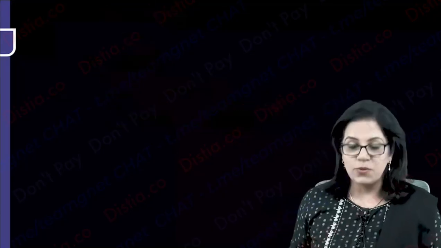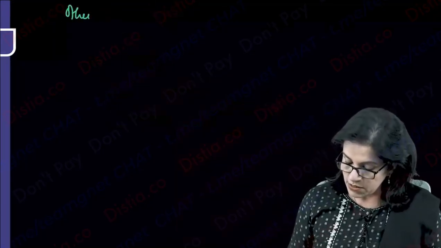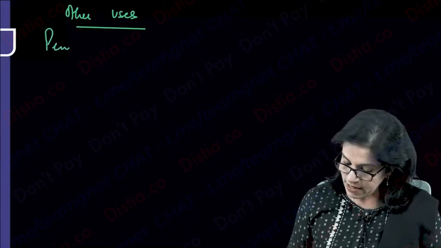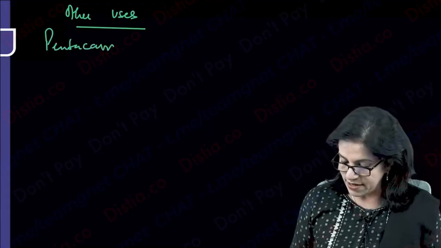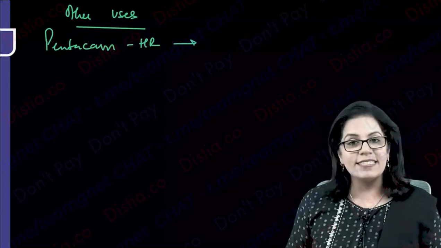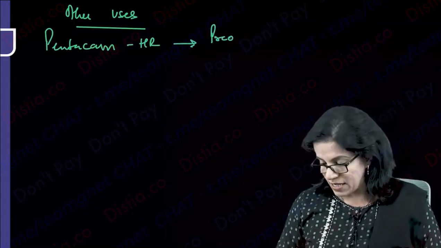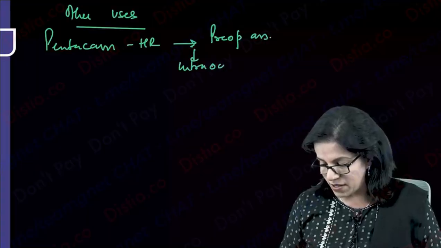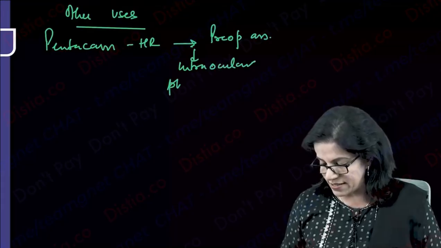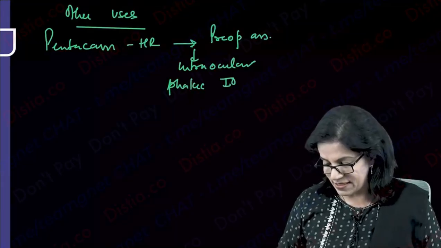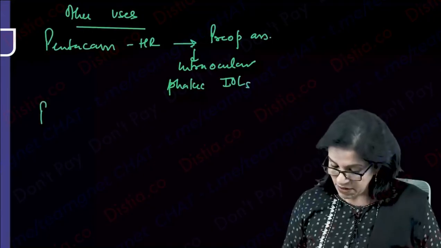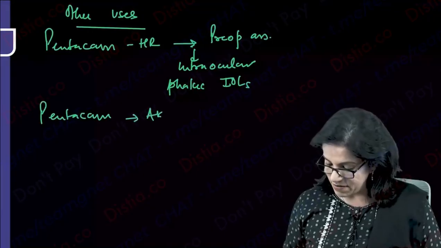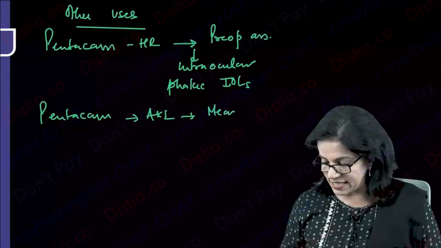What can be some other uses? The uses of pentacam have increased now. One is called pentacam HR. What is this pentacam HR? It helps in pre-op assessment of patients for intraocular phakic IOLs. And then there is one more, pentacam AXL, which measures the axial length.